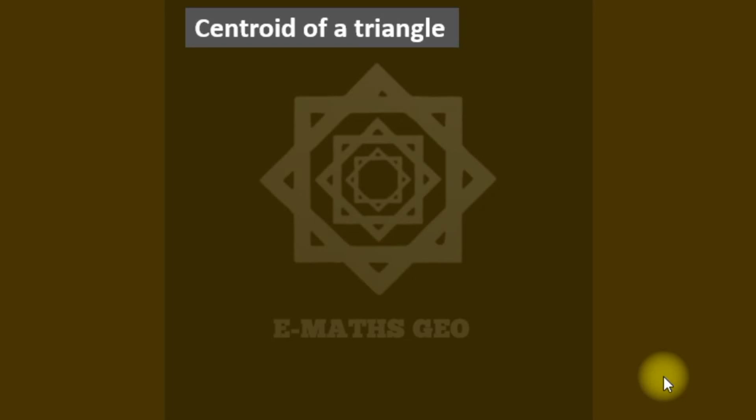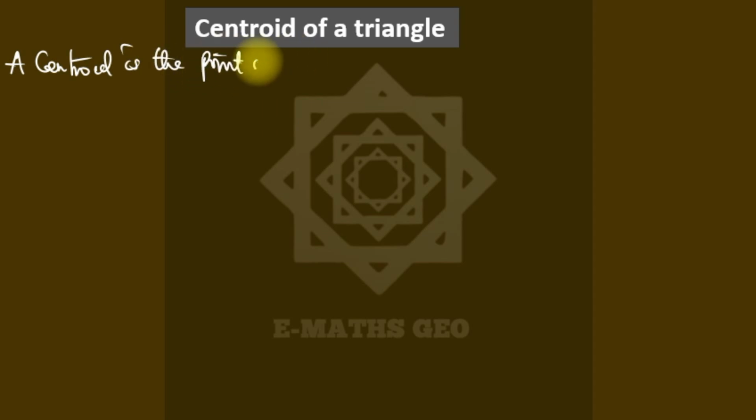Okay, we're on centroid of a triangle. So let's define that. A centroid is the point of intersection of the medians of the triangle.